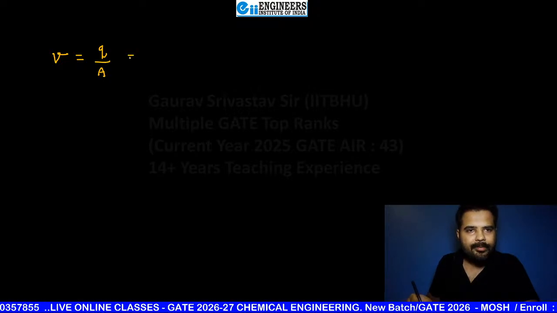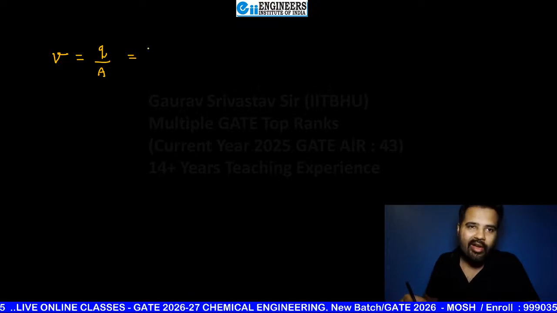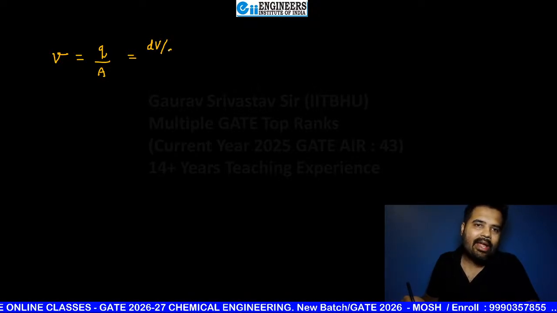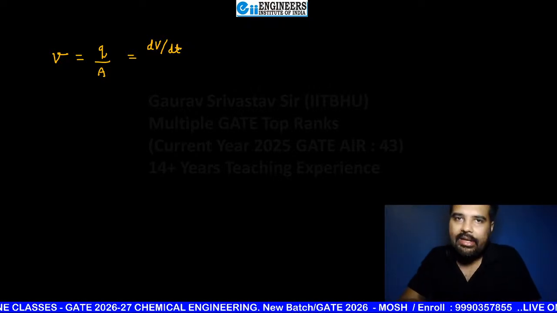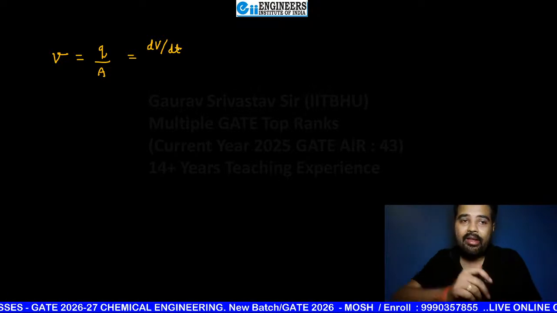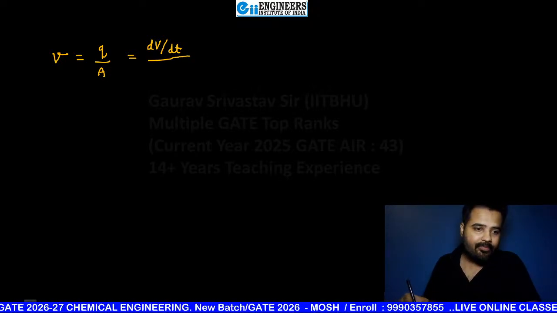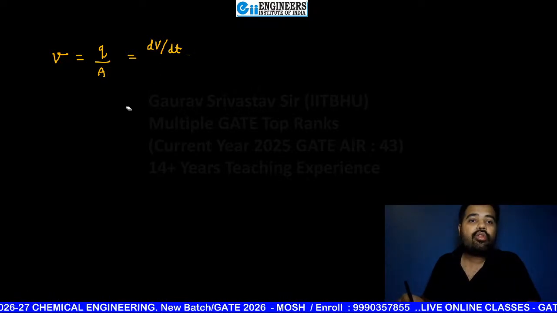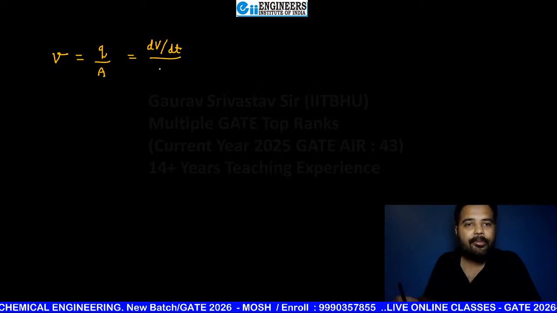You remembered? And this Q is the volumetric flow rate of filtrate. That means if the volume collected in dt time is dV, then in place of Q we can write dV by dt. If any doubt, beta, please feel free to ask me. So now I can replace this v by dV by dt upon A.